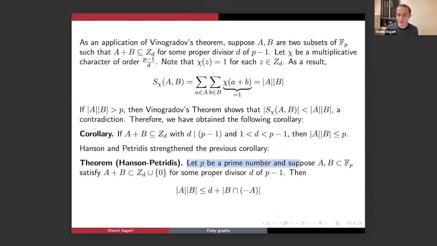If you have a prime number P and A and B are subsets of F_P such that A plus B is inside Z_D union 0. So it's not exactly this, it's just a tiny bit different where you allow 0, but it's close enough.